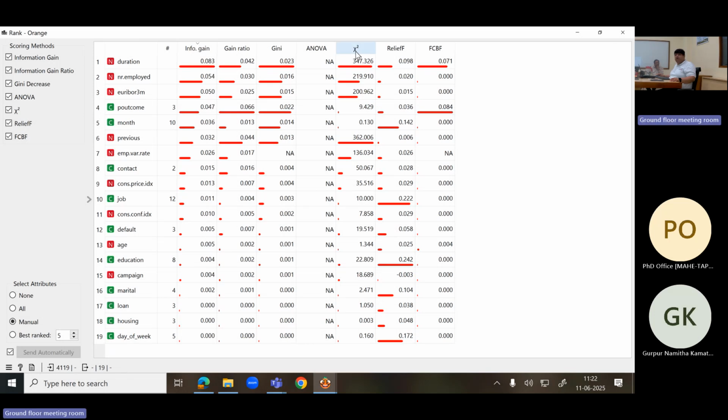See, there is something called chi-square also. Now, chi-square, again, you have not done chi-square test of independence. No? So basically, these are chi-square values.